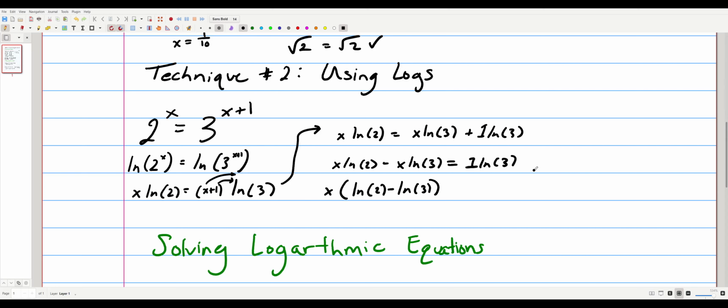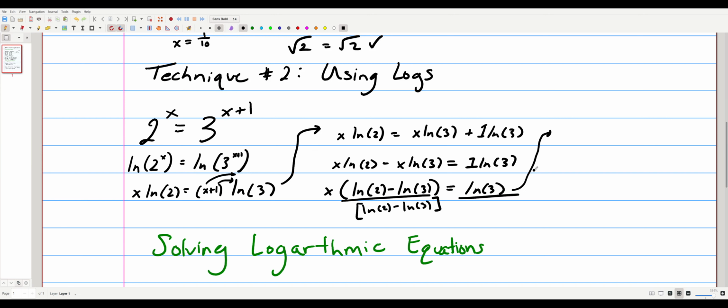And we can see here that if we were to FOIL this, we would get right back where we started. And so, well, 1 times natural log of 3, I'm just going to write that as natural log of 3. And so we have x times this binomial, and since our goal, recall, was to get x by itself, what we can do here is just divide both sides by the binomial, natural log of 2 minus natural log of 3.